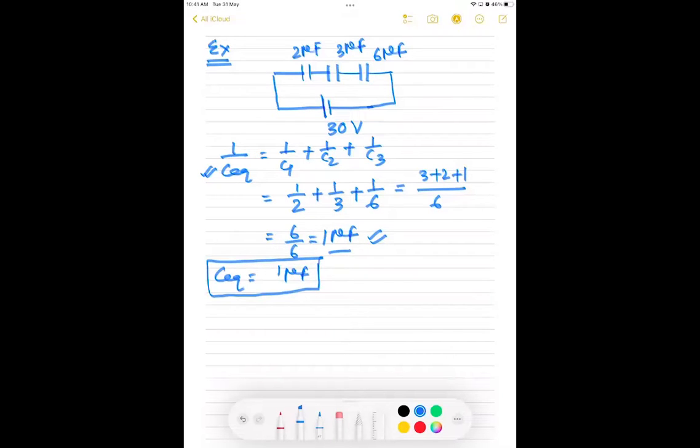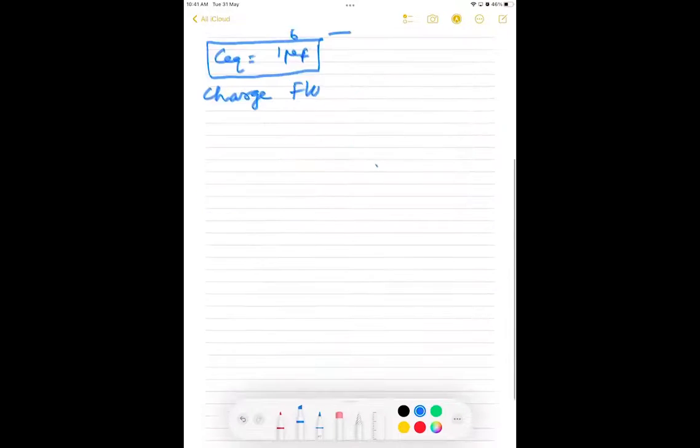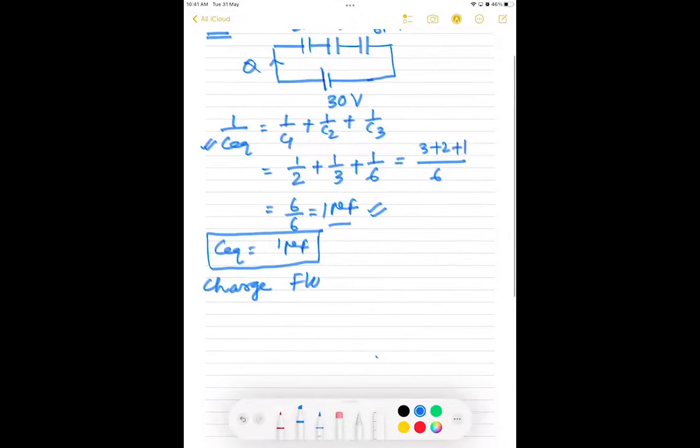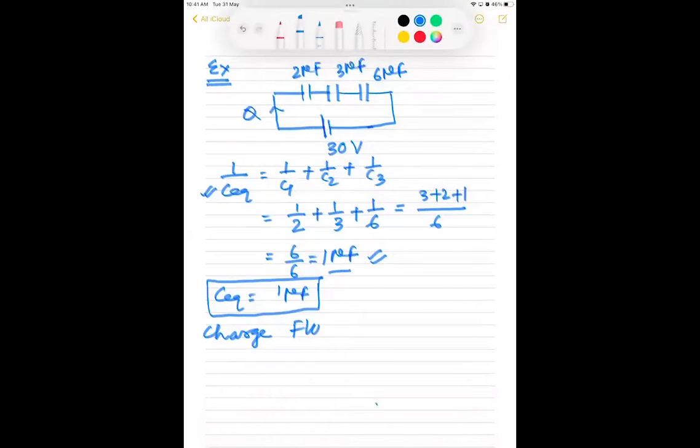Now tell me what is the total charge flowing? Now write the charge flow through the battery.